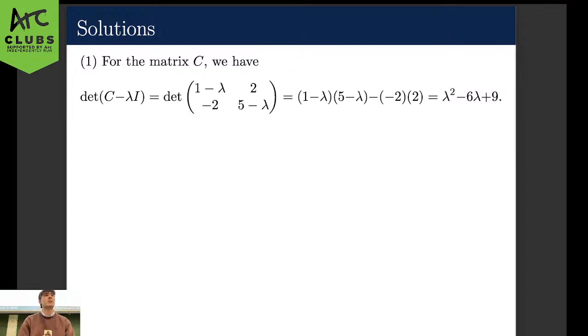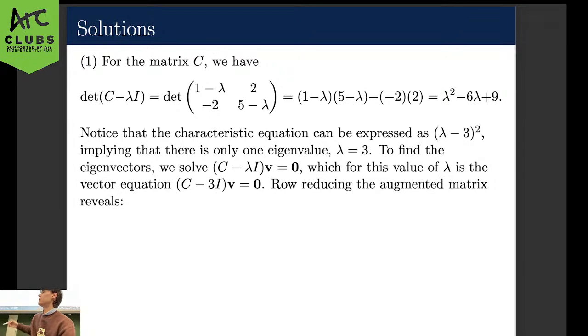You can see that factorizes into lambda minus 3 whole squared. For this to equal 0, the only value of lambda we get is lambda equals 3. So our only eigenvalue for this matrix C is lambda equals 3.